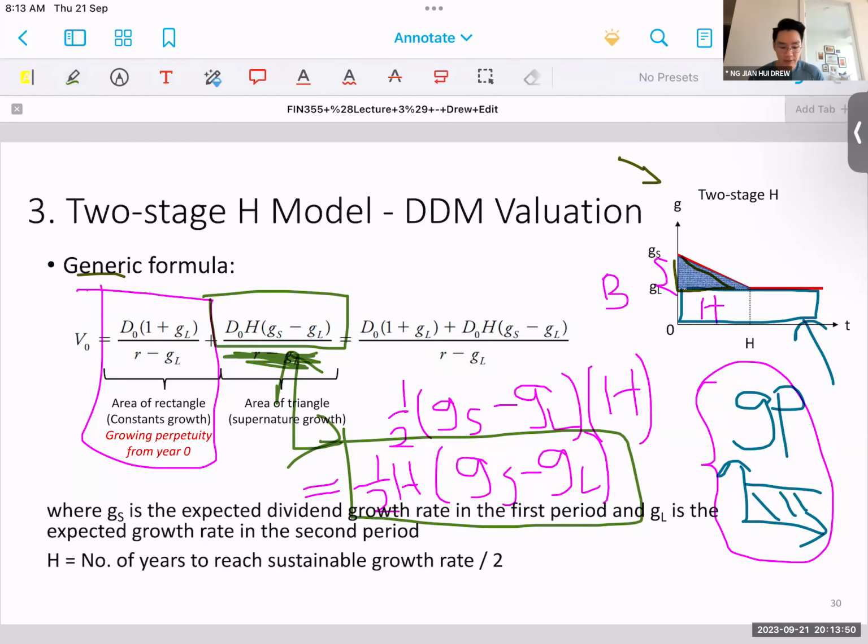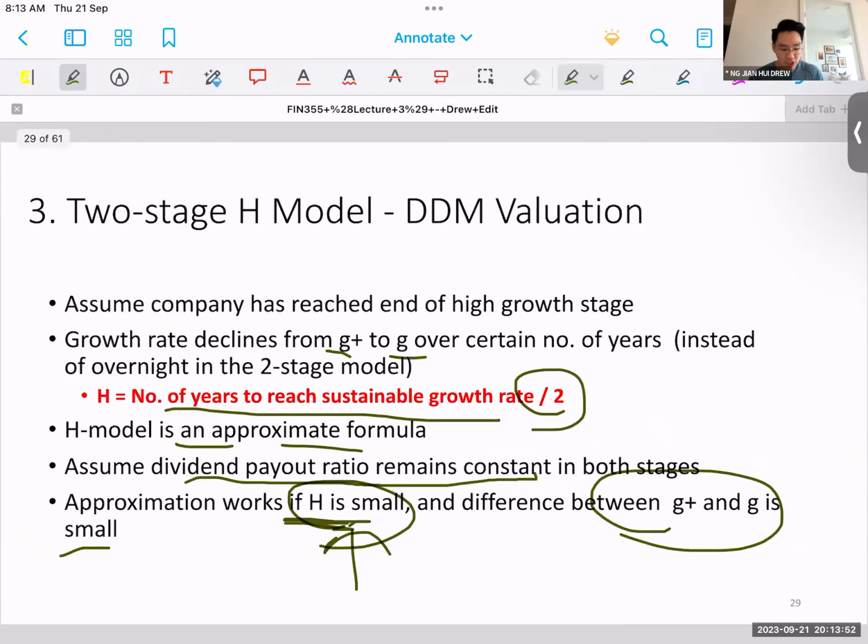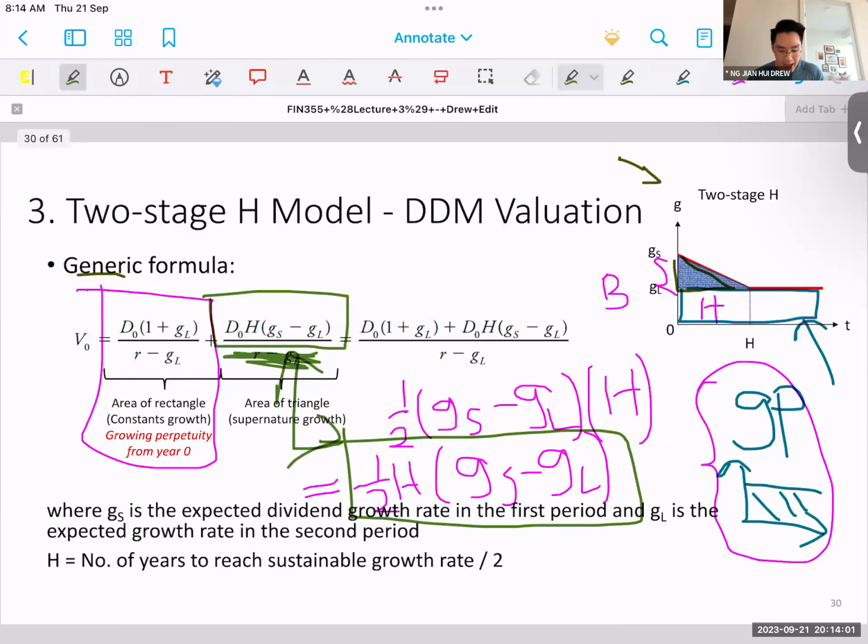I'm going to flip back to the last slide. What is H? H is defined as number of years of sustainable growth divided by half. And what do we have here? Half in the triangle formula, half H. The H in this formula equals the half H based on this H here.